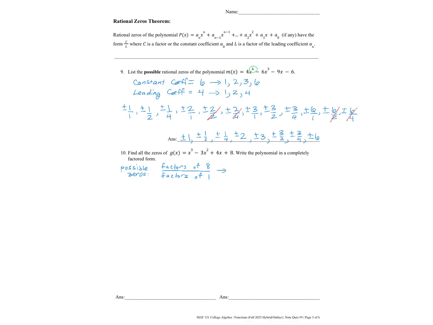So it's going to be 1, 2, 4, and 8 divided by 1. That's really going to be plus or minus 1, plus or minus 2, plus or minus 4, and plus or minus 8. So we've got 8 different options for rational zeros.